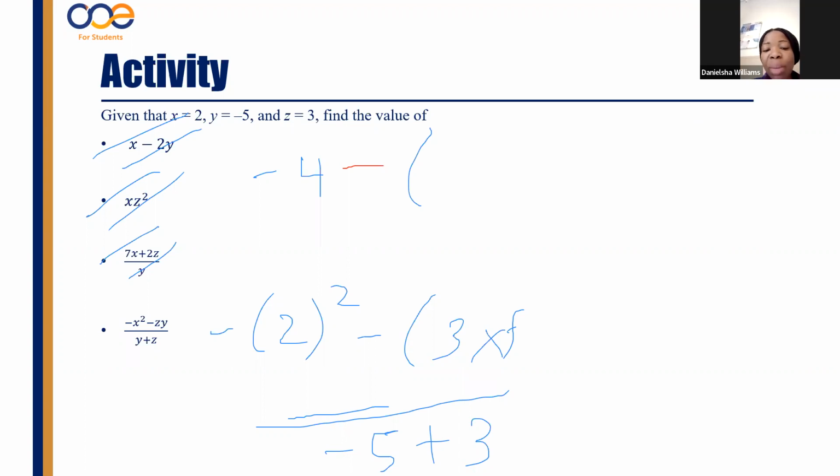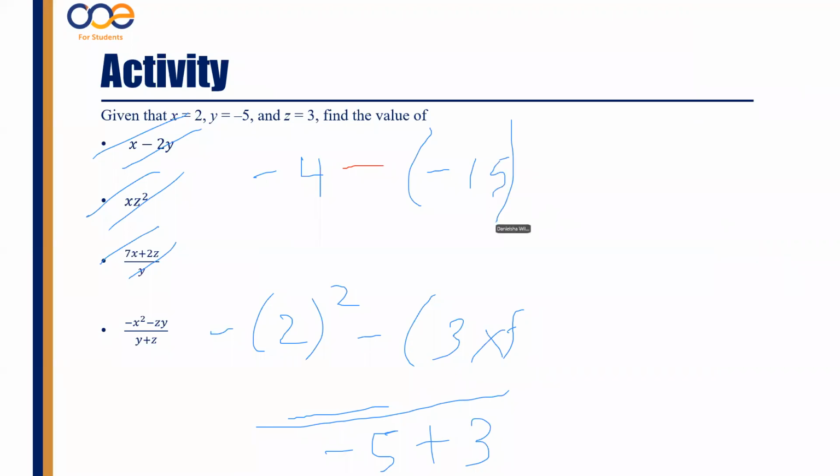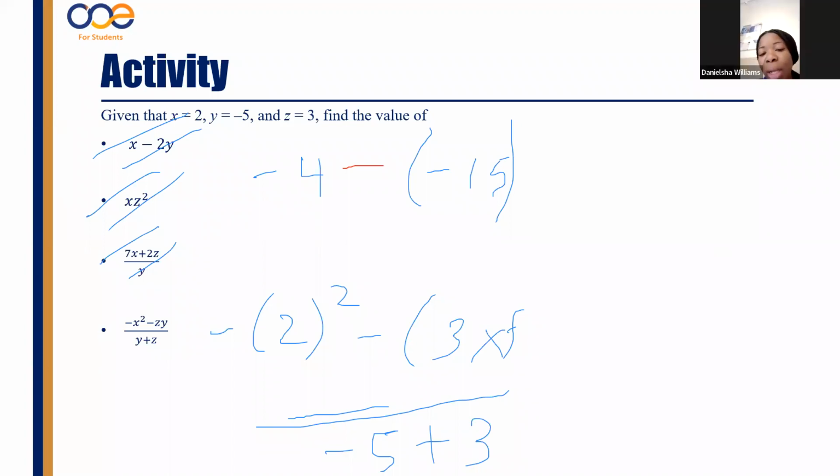So that's 3 multiplied by -5. We have -15, right? Yes, miss. So notice we now have a takeaway and a negative together. When we have a takeaway and a negative together, we are to add. So that now brings this to negative 4 plus 15.